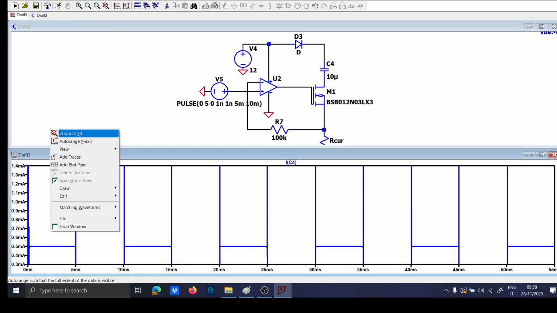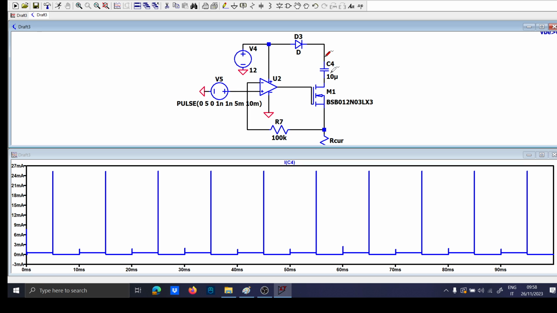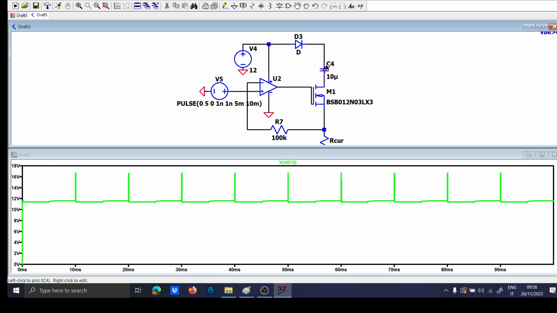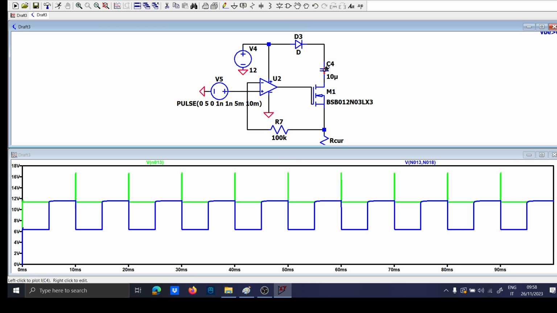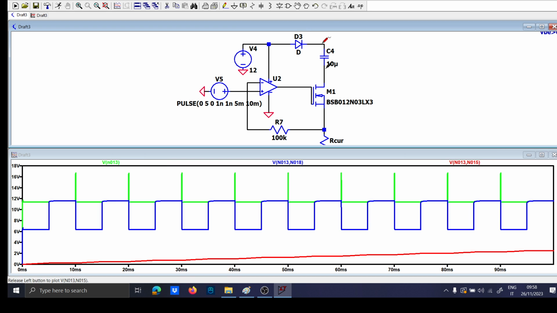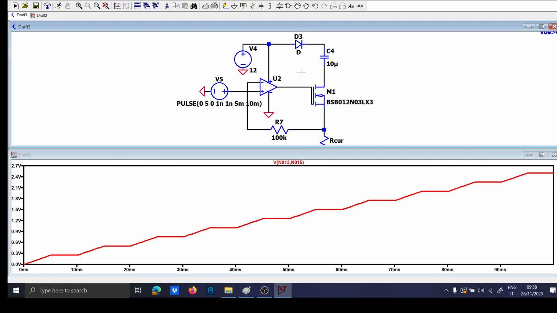I don't like the spike, but anyway. There is a little bug in this circuit. I don't understand why. Oh, finally.